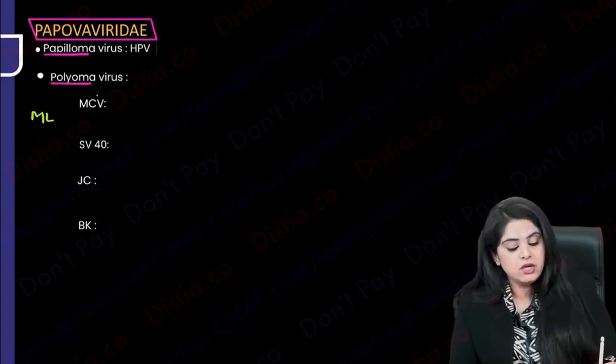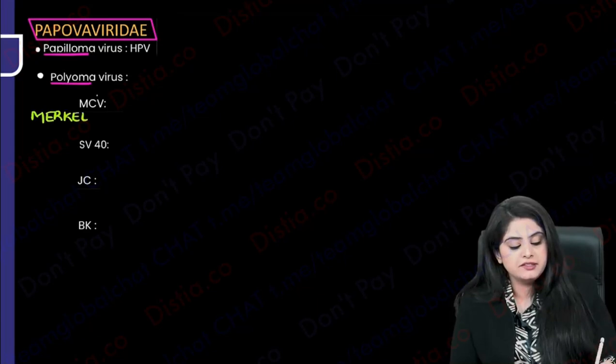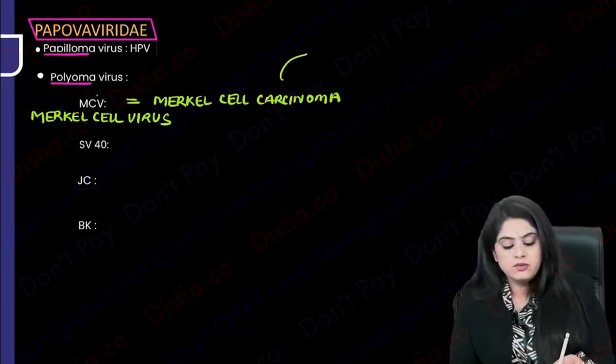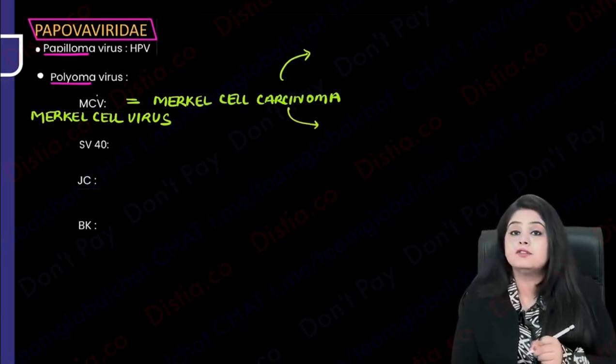I can see something called Merkel cell virus come under it. Now, when we are talking about Merkel cell virus, no points for guessing that it is going to cause Merkel cell carcinoma. Am I going to integrate this again? Of course, yes. You will tell me what kind of a tumor it is, and also what the markers are from pathology.